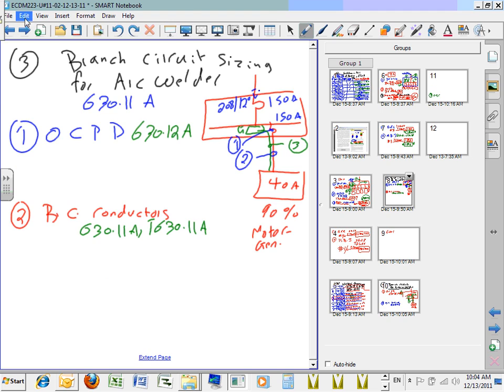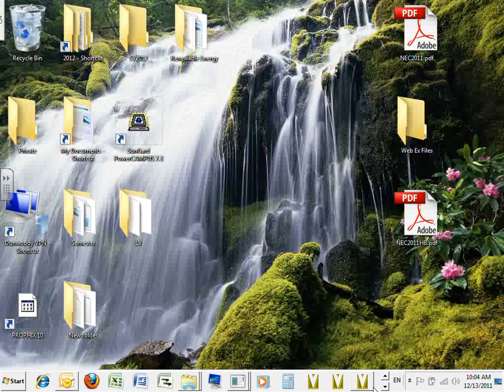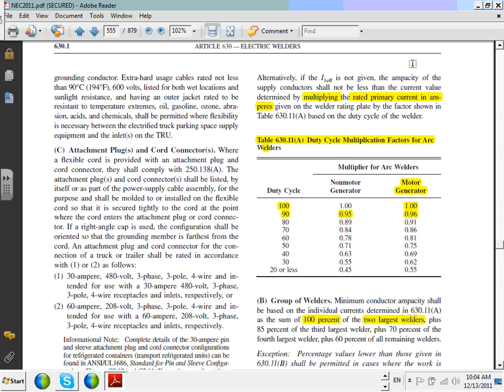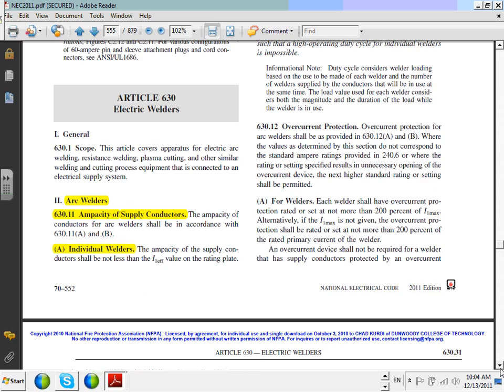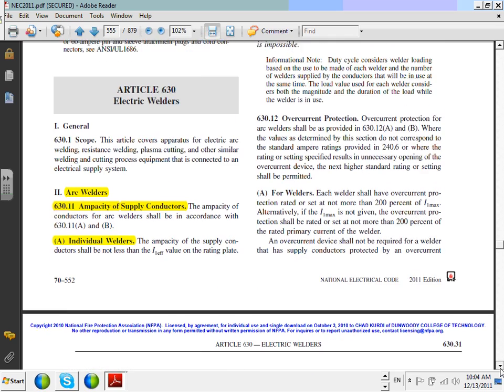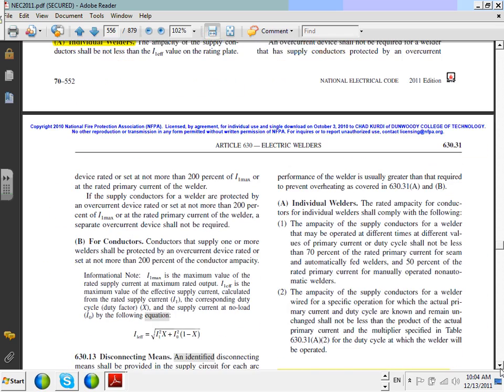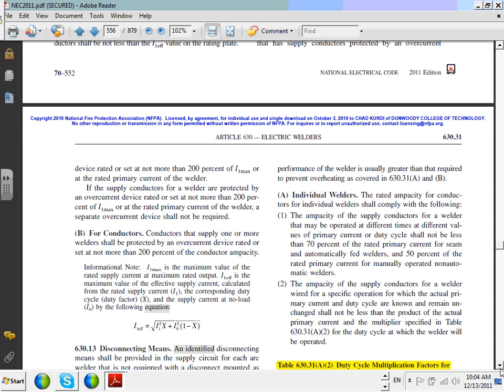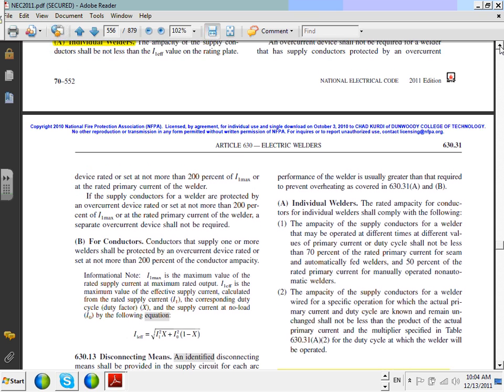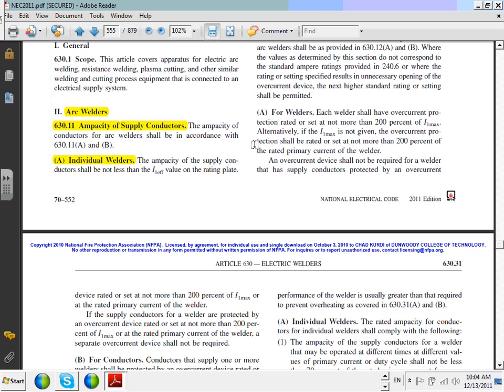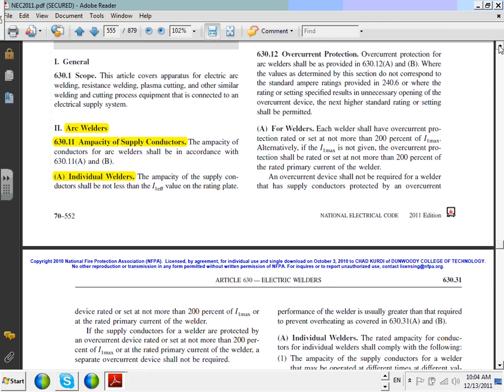This is, I need to highlight this one. Very interesting. So right here, if you go with your friend Chad, welders, overcurrent protection device, right in here. Okay, for welders, overcurrent protection device for welders.